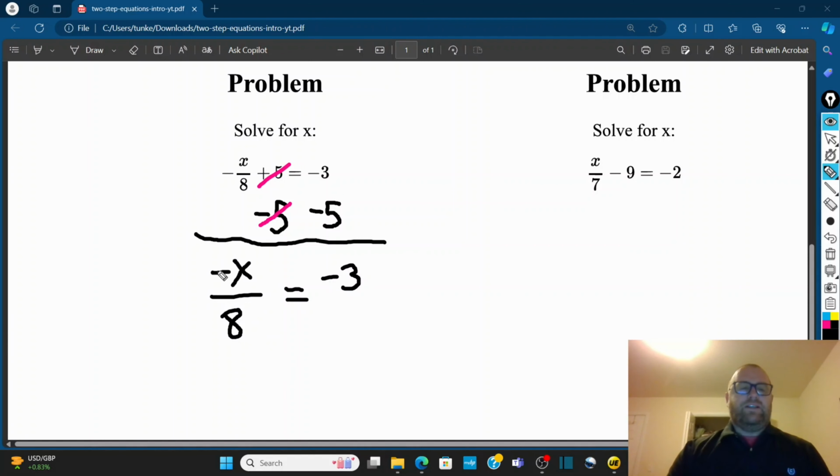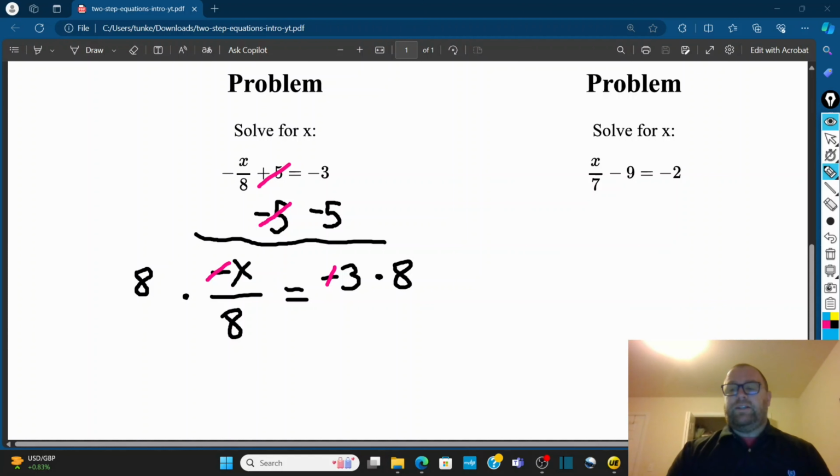Again, we can think of this as negative 1 times x over 8 and negative 1 times 3. So I could just simply cross out the negatives here and just have x over 8 equals 3. To get rid of the division by 8, I'm going to multiply the left-hand side by 8, and I have to do that to the right-hand side as well.